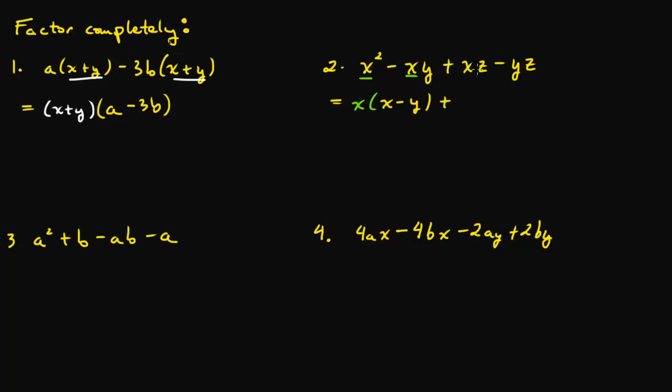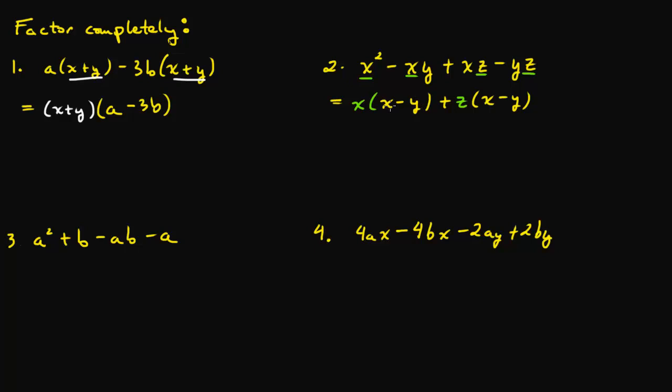Plus, well, these last two terms have a common factor of z. So I'll just common factor out z. And I get z times (x - y), because xz divided by z is just x, and negative yz divided by z is just negative y.